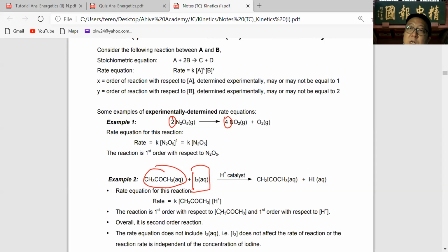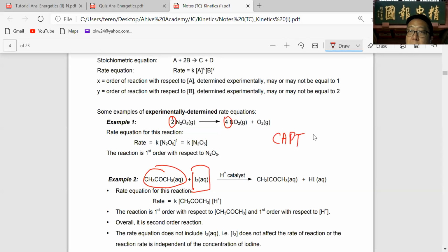What is the implication? The implication is that if you want to speed up the rate of this reaction, you don't have to worry about the concentration of iodine. You don't bother to increase the concentration of iodine because it will not help to change the rate. Why do I want you to take note of this point? Remember, we go back to the catalyst. Just now we mentioned, right?